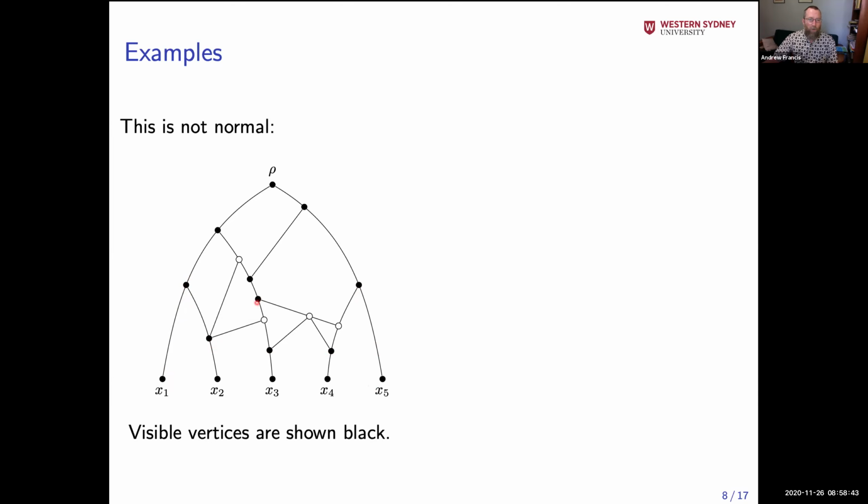This one I argued for before. That one, similarly, you can't get to this one without going through that one. This one is visible just due to X5, because to get up to the root from X5, you really have to go through there, and so on.